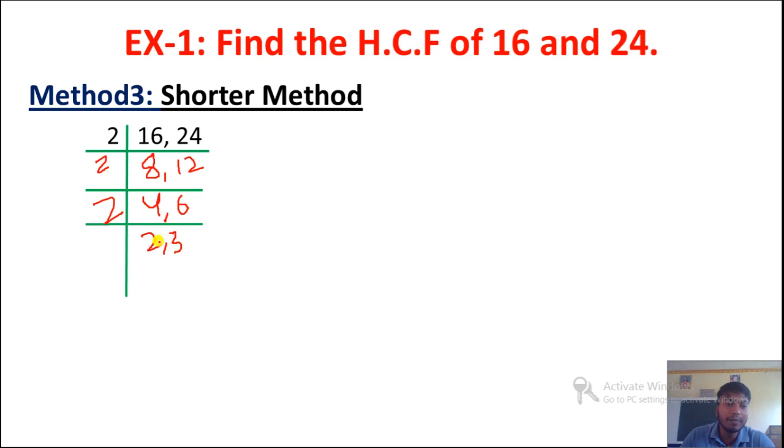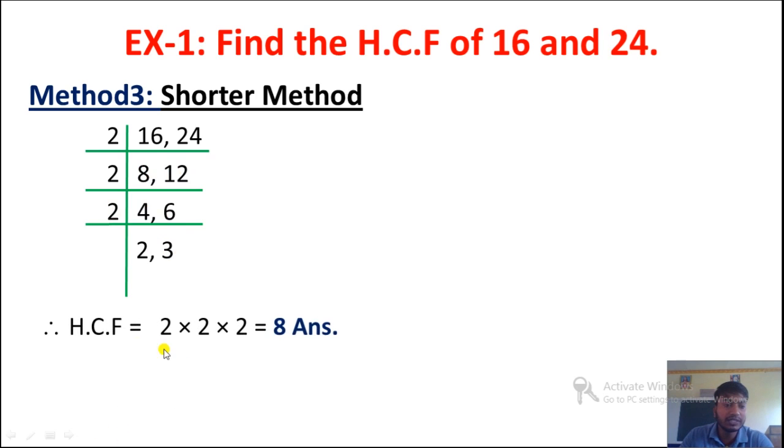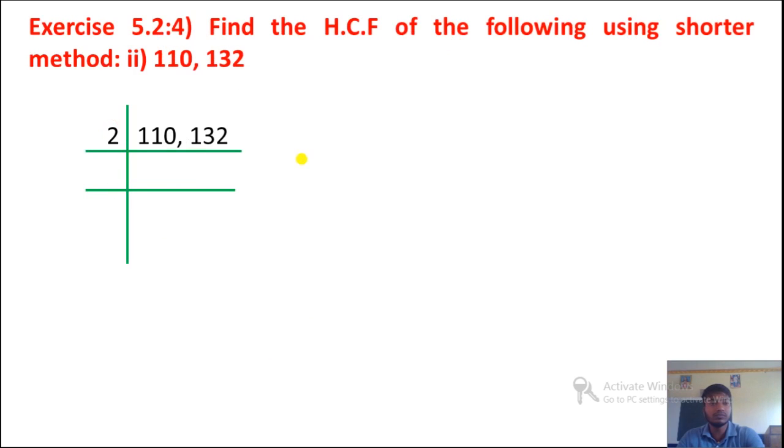Now here we have 2 and 3. Now we don't have any prime number which divides both 2 and 3. So we stop here and we find the HCF. So the HCF will be 2 into 2 into 2.